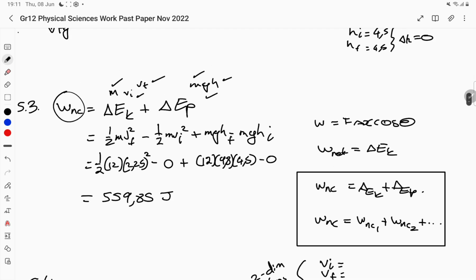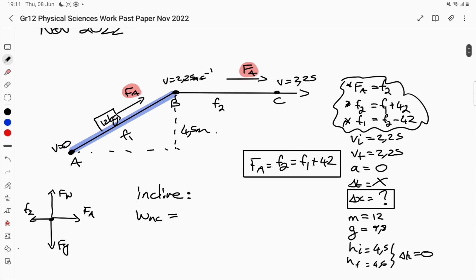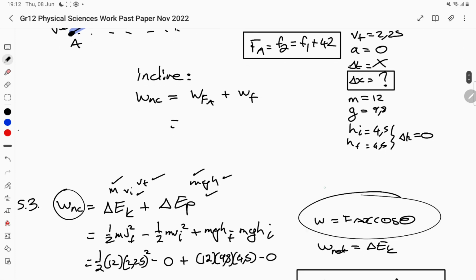So work non-conserved equals work non-conserved 1 plus work non-conserved 2. So on this inclined plane, I drew, rub this thing out, but we have an applied force. So we have work applied plus work friction. And then we have to break that up using our initial work equation over here.